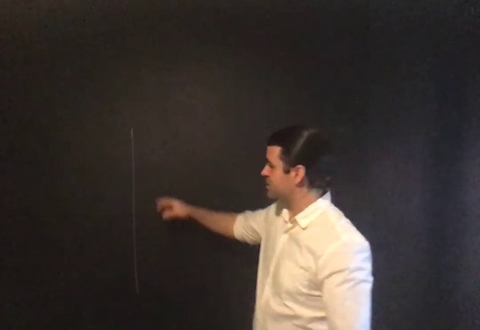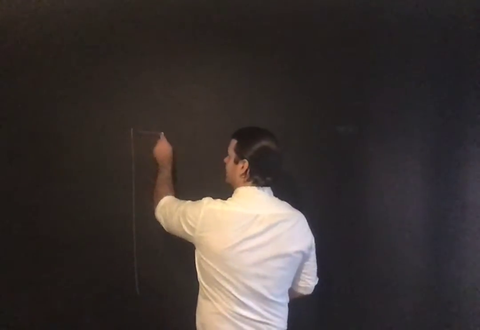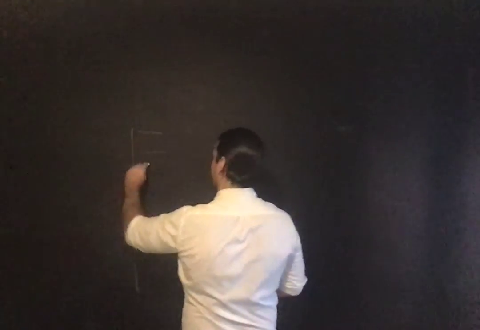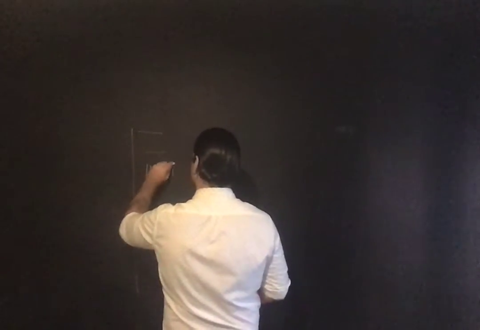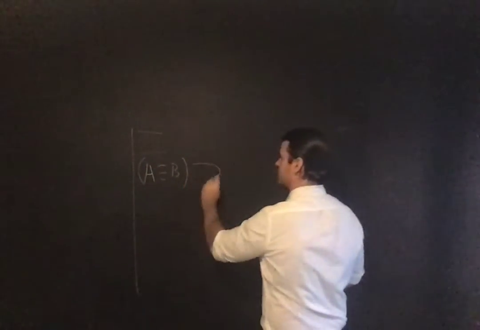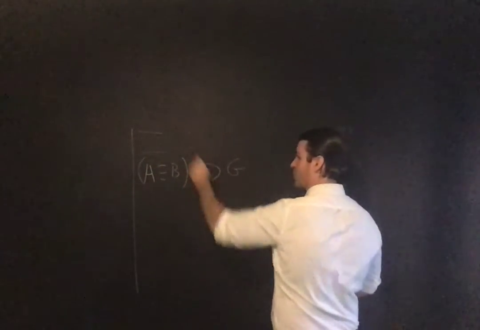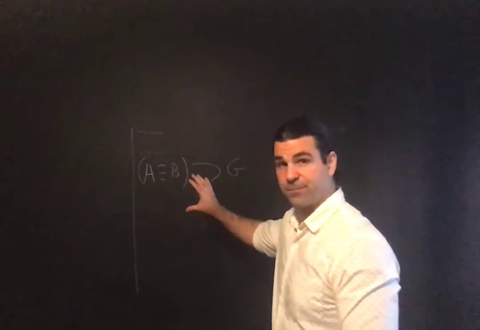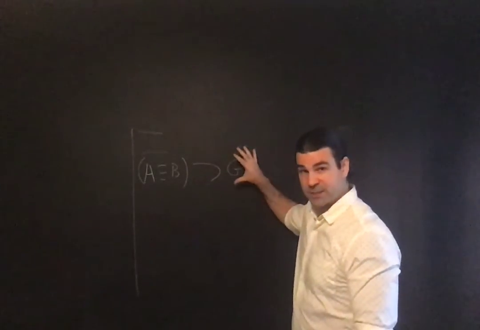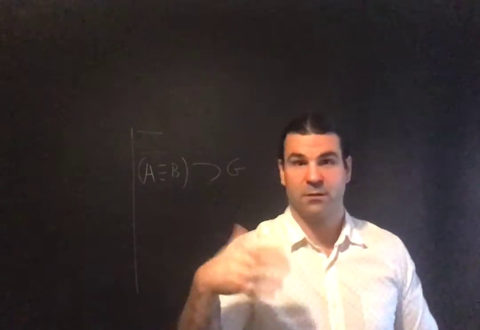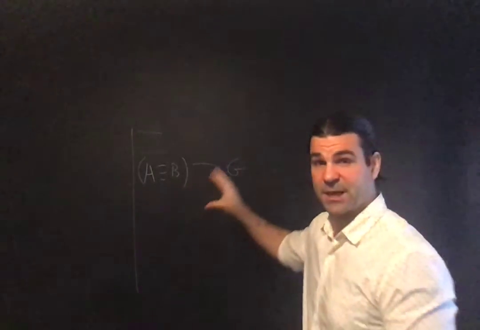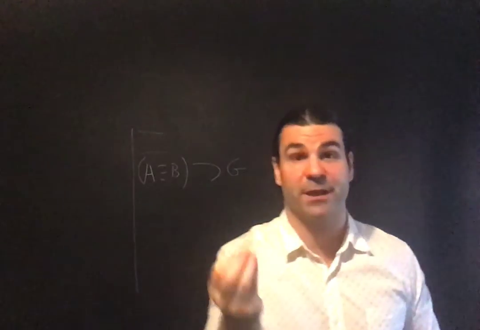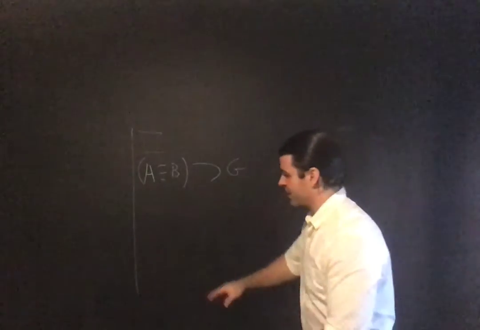A proof is just, we have a vertical line, and we are given a whole bunch of formulas as premises, right? So it's an argument. We'll be given these formulas as premises, so you're given them as if they are true, and you'll be given a conclusion.